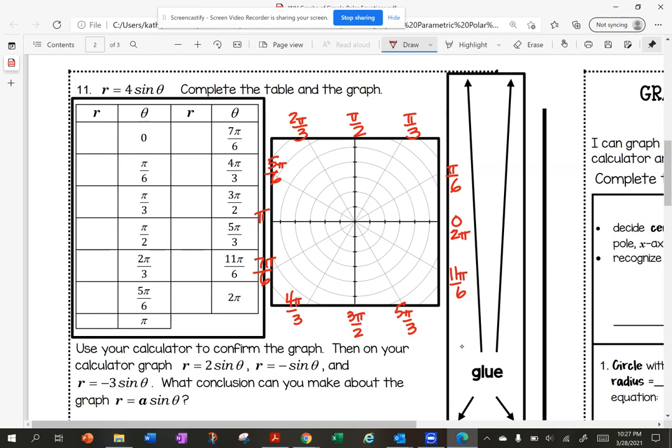Okay, so I'm going to do the same thing. So here r equals 4 times the sine of theta.